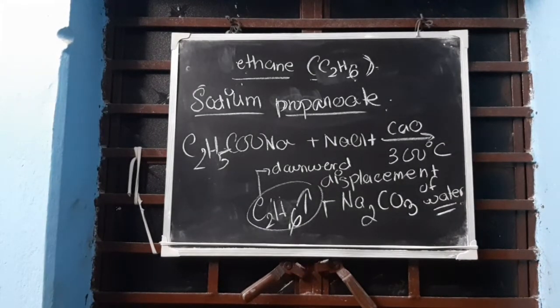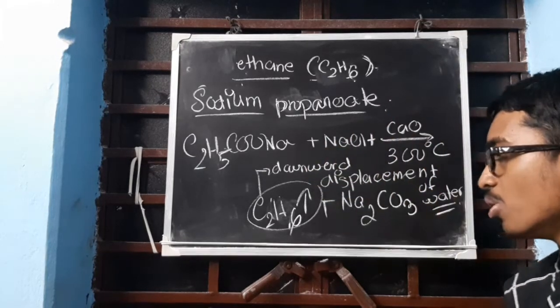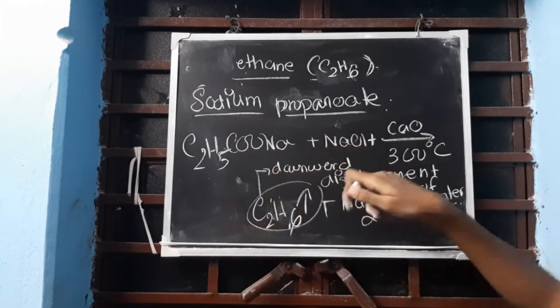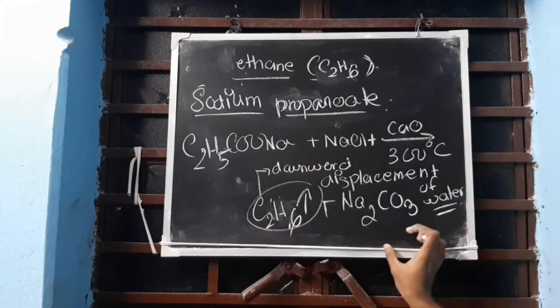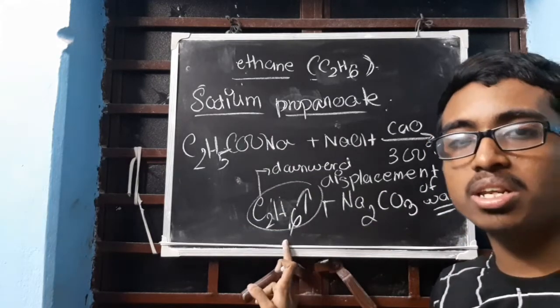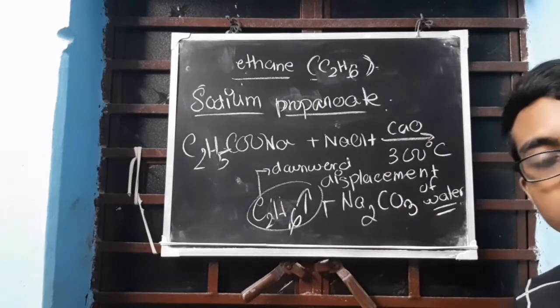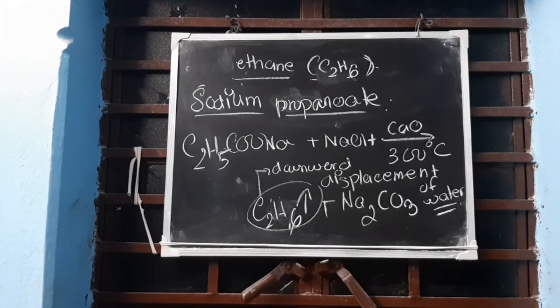Balancing I have not done. You have to do the balancing, if needed. So this is sodium propanoate, reacting in the same reaction. This is also remaining the same. Change is only happening here and here. Rest all are the same. So this is preparation of ethane from sodium propanoate.